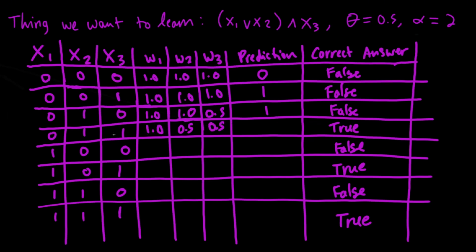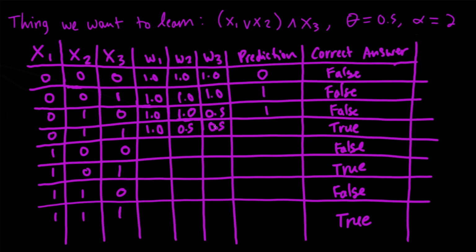Okay, let's move on to the next vector, which in this case is 0, 1, 1. And remember, we're only going to be dealing with the features equal to 1 because features that equal 0 do not contribute to the sum. So we have x2 times w2, which is 1 times 0.5, which is 0.5, and then plus x3 times w3, which is 1 times 0.5, which is 0.5.